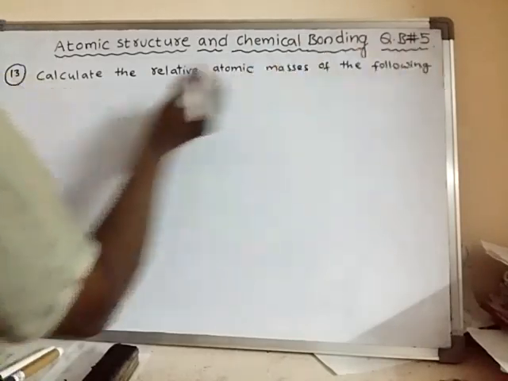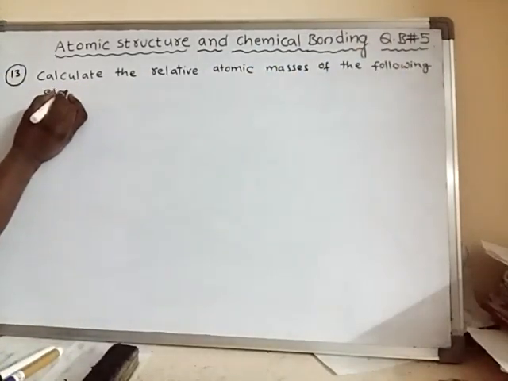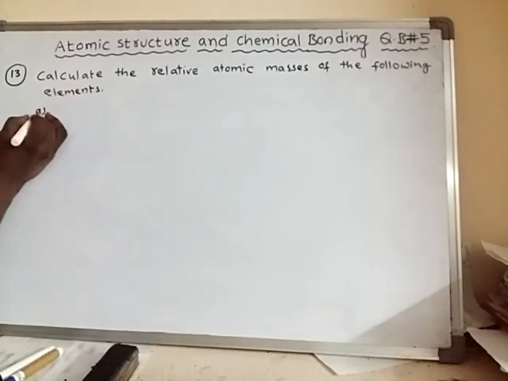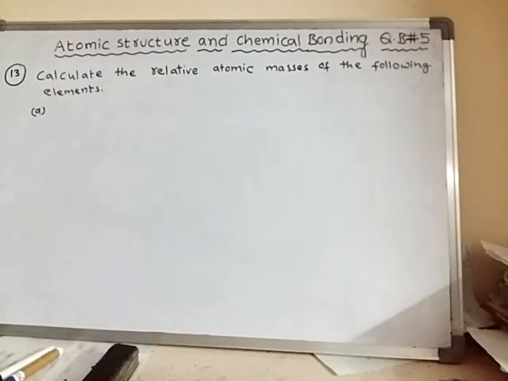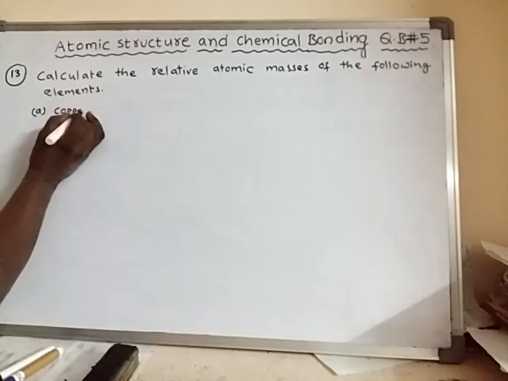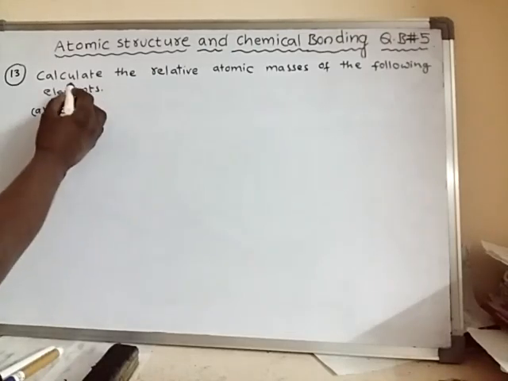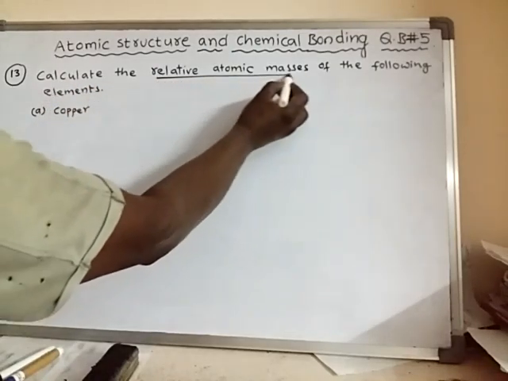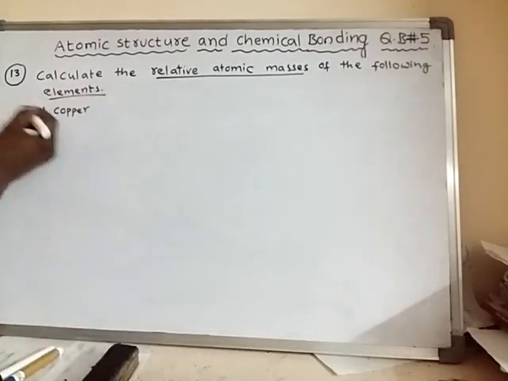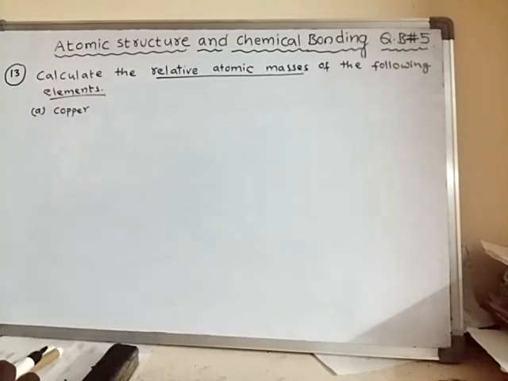In the 13th question there are two sub questions. What is sub question A? The element is copper. So here the first element is given as copper, and we have to find the relative atomic mass of copper.